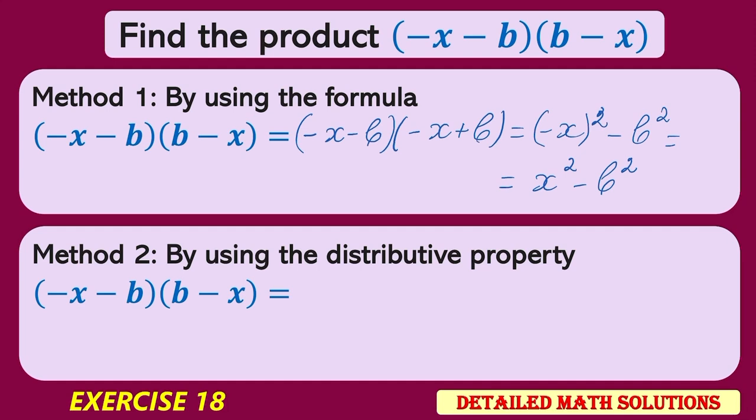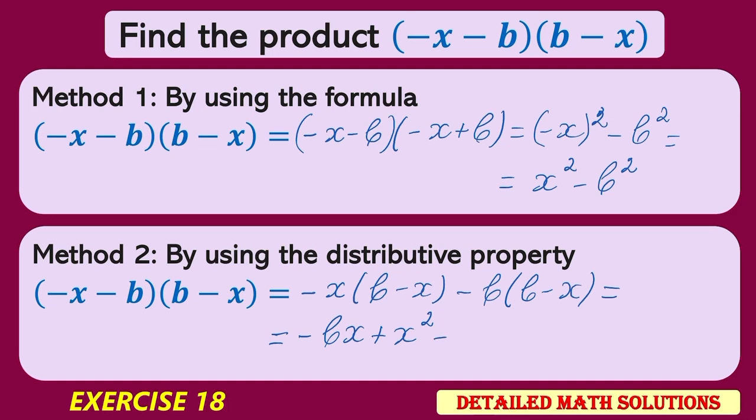When I do that, this equals minus x multiplied by (b minus x) and then minus b multiplied by (b minus x). When I open parentheses, this equals minus bx plus x squared minus b squared plus bx. Minus bx and bx cancel out. Therefore, this equals x squared minus b squared.